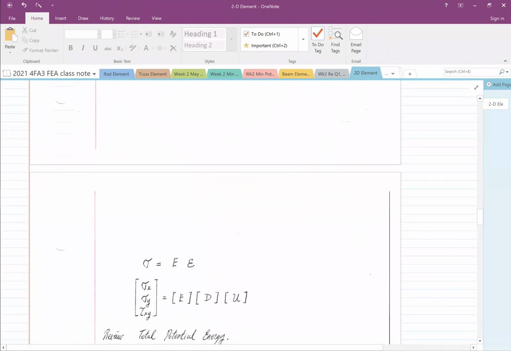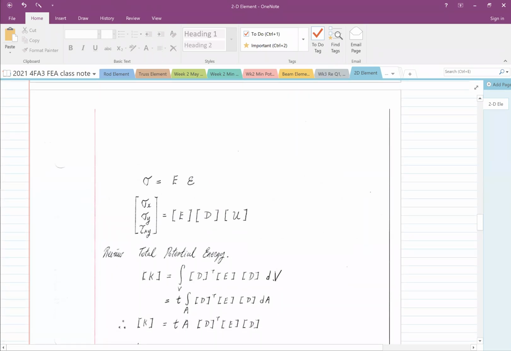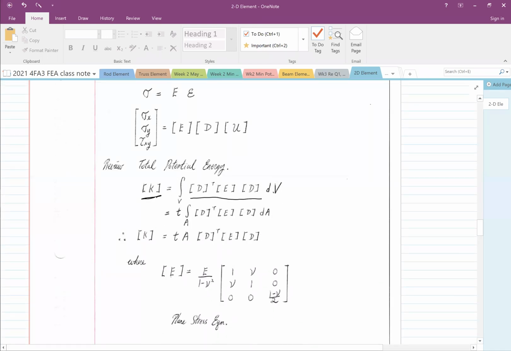Sub everything back into the total potential energy equations. Remember, the stiffness is BᵀDB. However, how we define it, the D is very different from what we had before. The elasticity is not one term anymore.